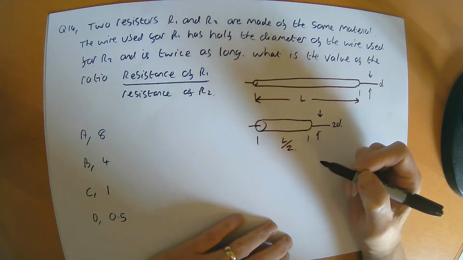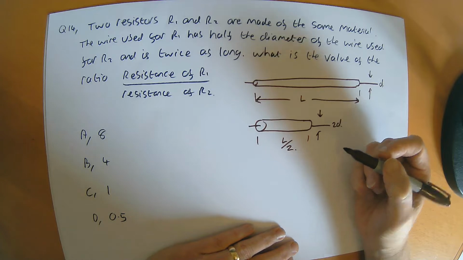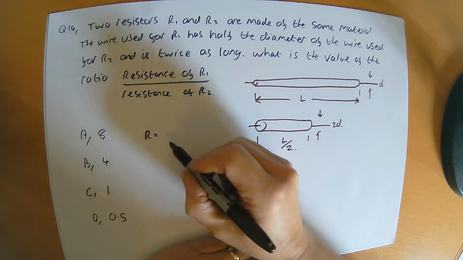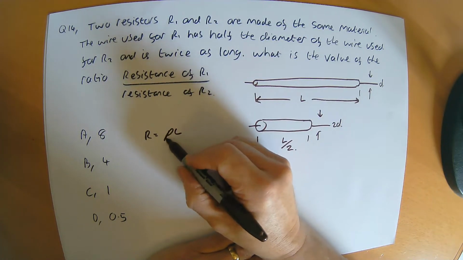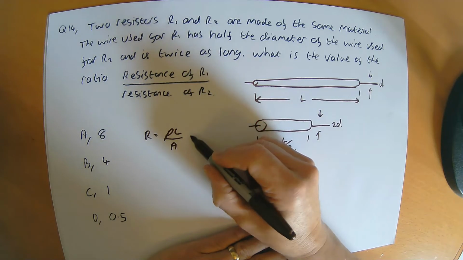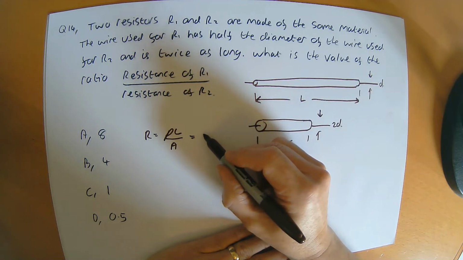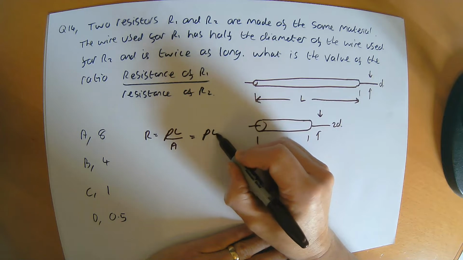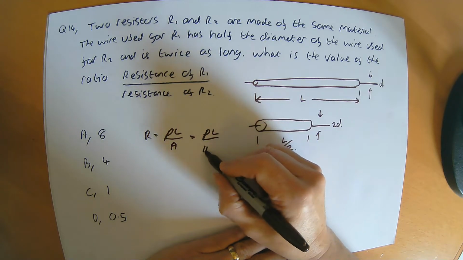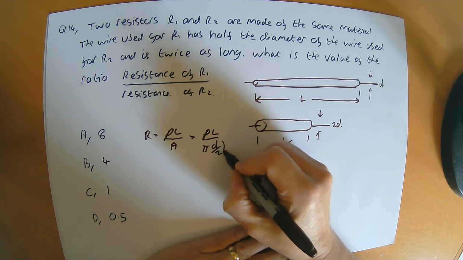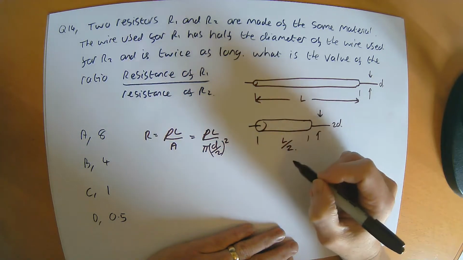Now the equation that tells us what the resistance is, R equals ρL over A, is also R equals ρL over π(D/2) all squared.